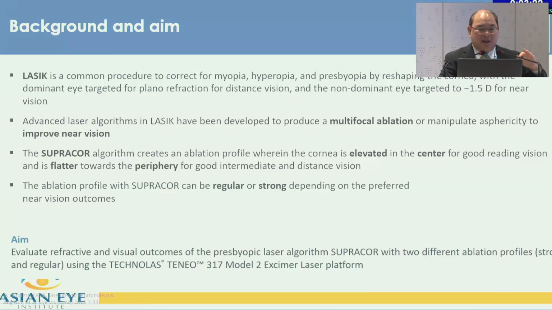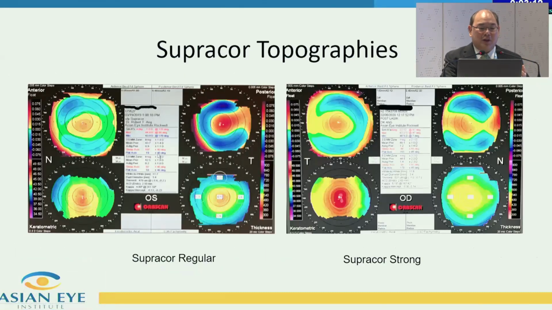In this study, we are comparing the regular with the new stronger program, because we wanted to know if it can give better near vision. As you can see in the topography on the left, the Supracore Regular creates this steep zone, and the Supracore Strong creates an even steeper zone. But everything else is the same in terms of targeting and refractive outcomes.